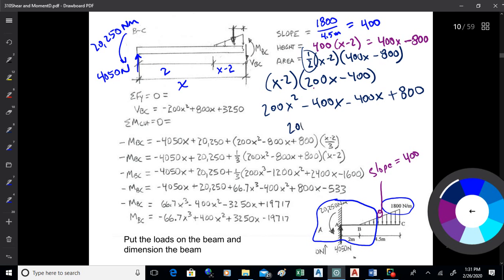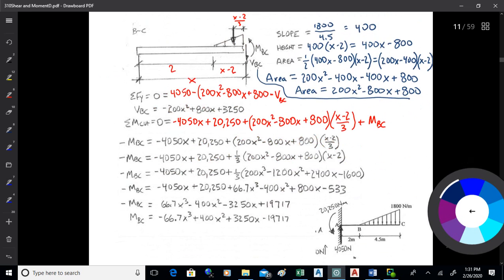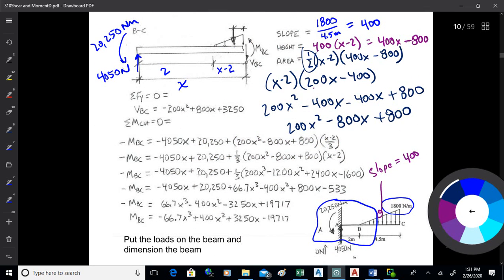So I'm getting 200x squared minus 800x plus 800. Is that looking okay? I think it is. So there we go, that's the area.